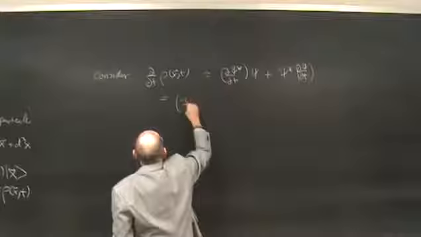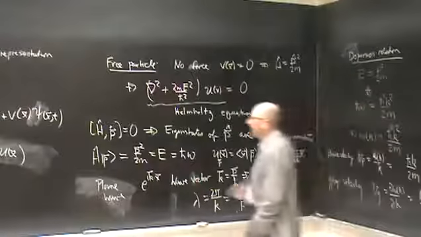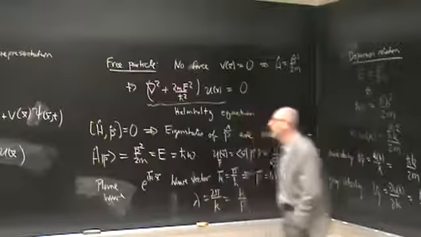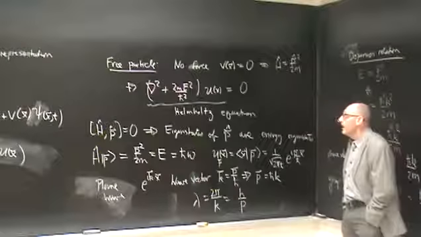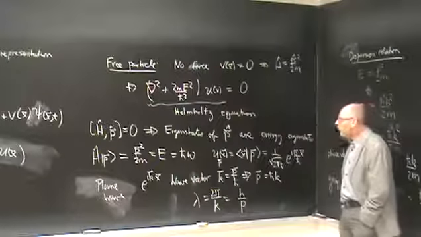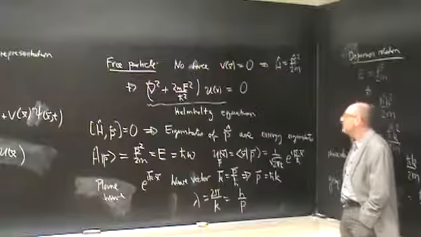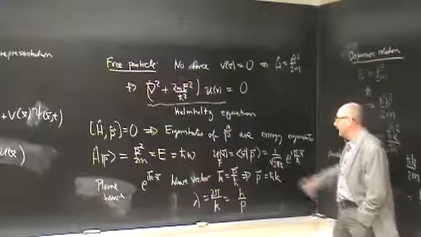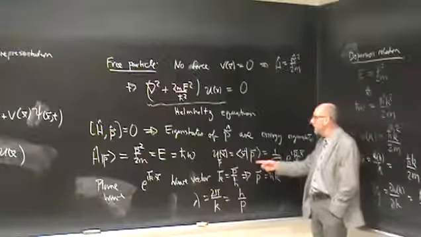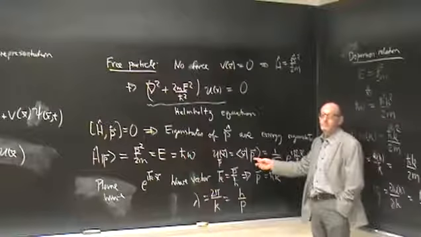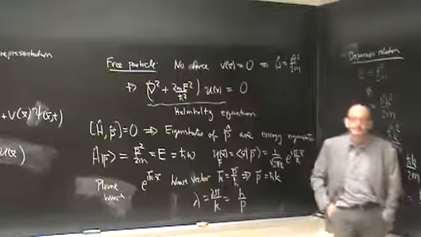minus i. So they are eigenstates of the Hamiltonian with this eigenvalue. And the wave function, the position representation of the momentum eigenvectors, are plane waves, right?